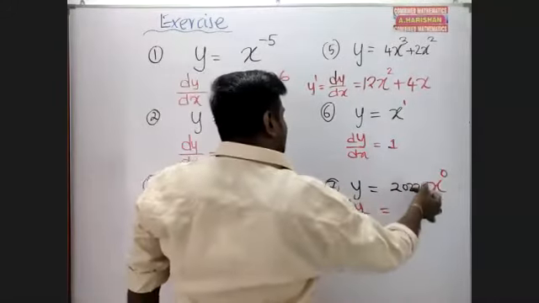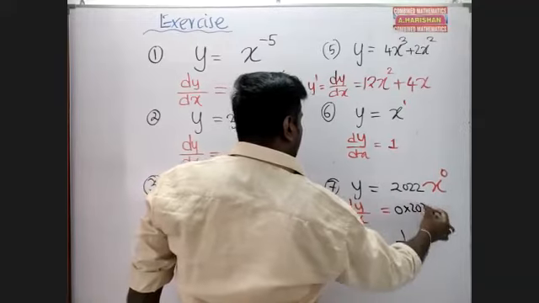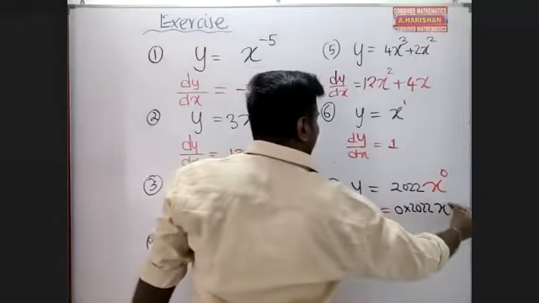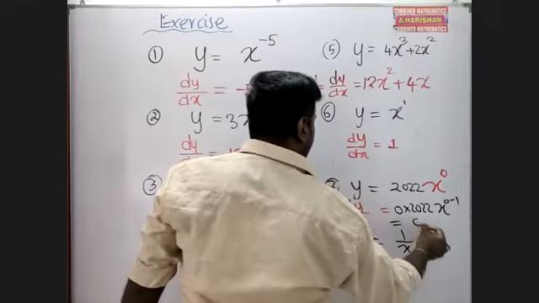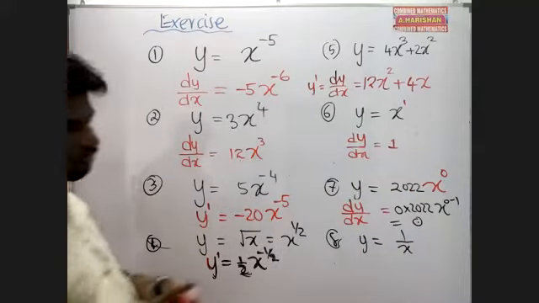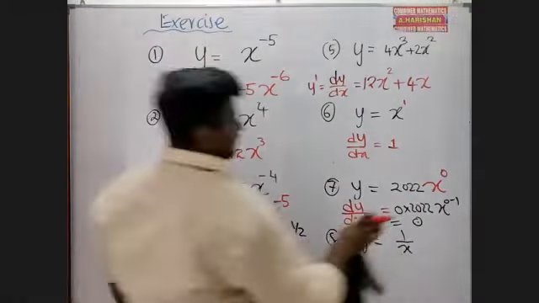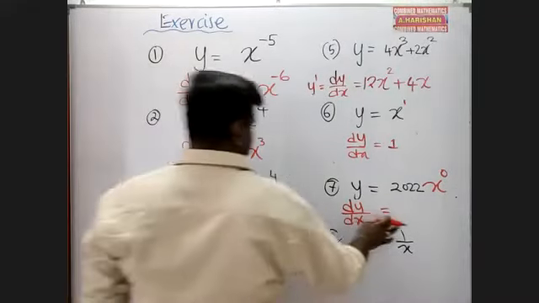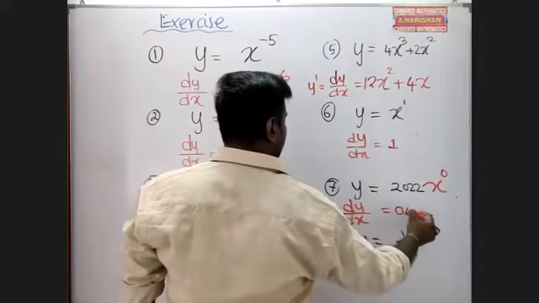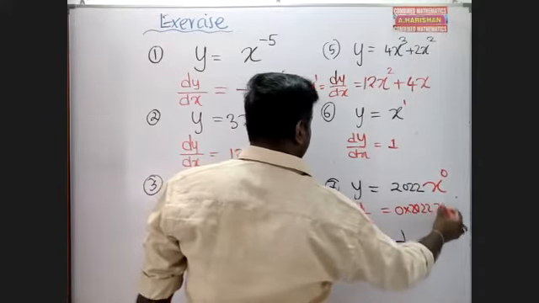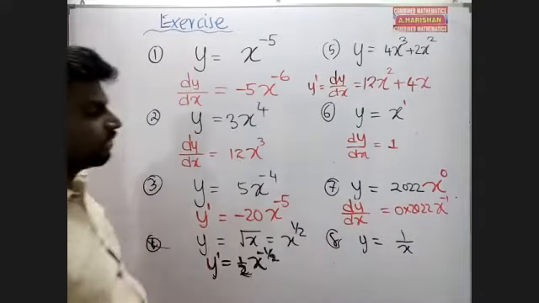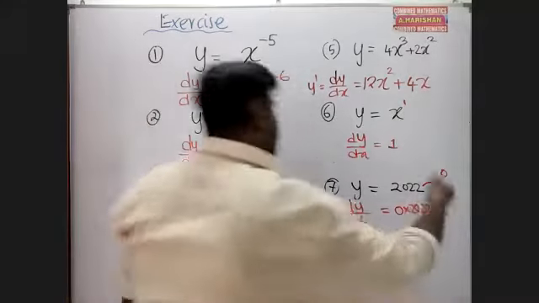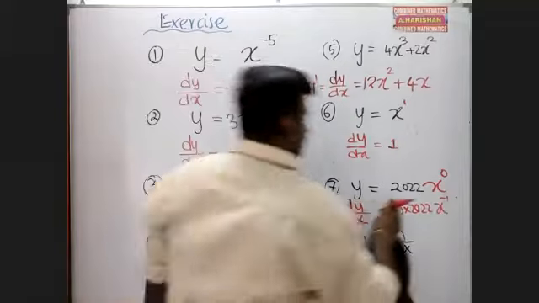Then if you bring the 0 down and multiply with 2022 and x to the power minus 1, anything multiplied by 0 becomes 0. So the answer is 0. I don't need to write all this; I erase it and just put 0.